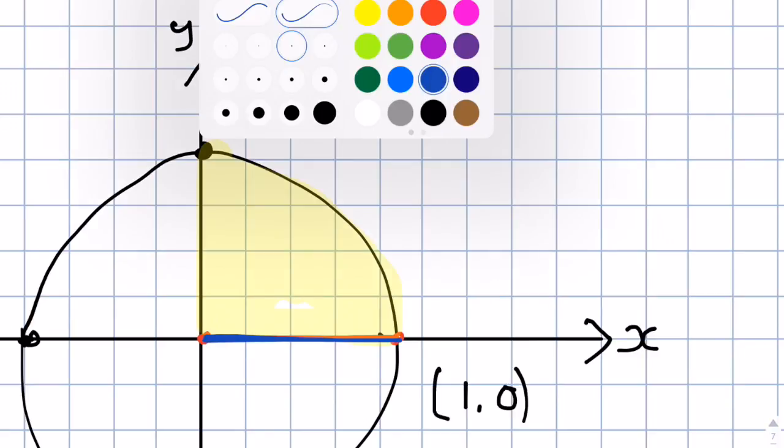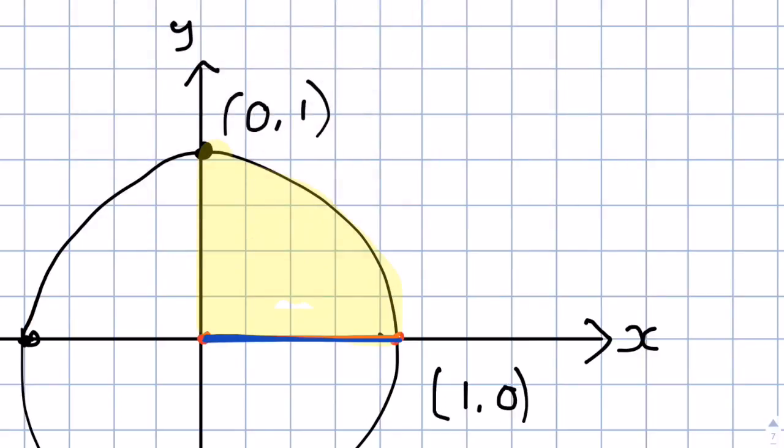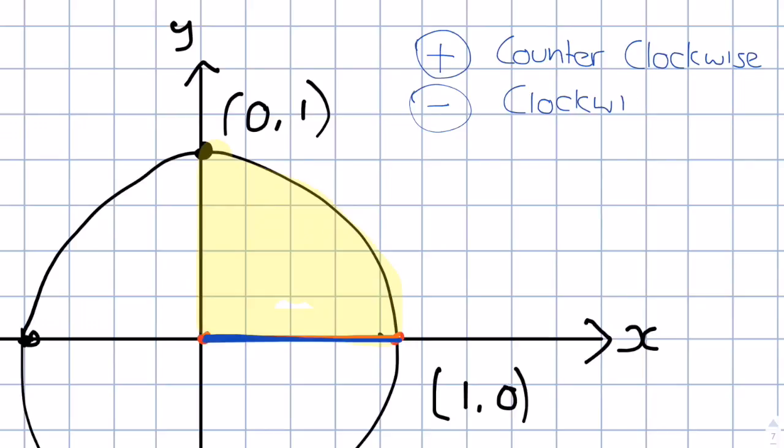And just to go along with convention, which is what most people do, I'm going to call it a positive angle if I go counterclockwise. And it will be a negative angle if I go clockwise. So just try to remember that. I'm going to be going around in a counterclockwise direction.